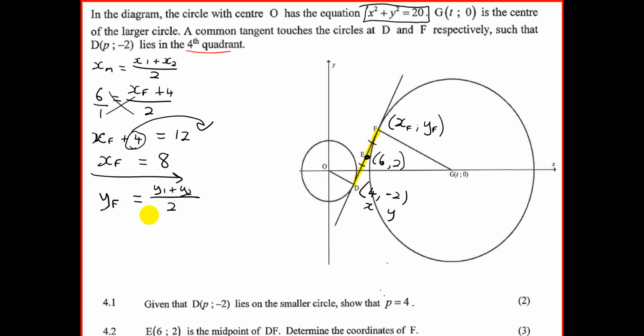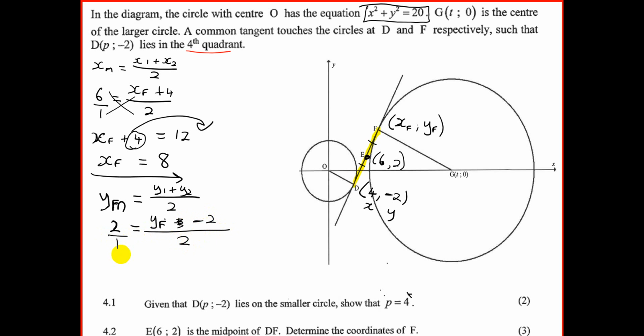Sorry, not the yF, let me change that. That's the y of the midpoint. That's the midpoint formula. And the y of the midpoint, we're looking at point E, is actually 2, which is equal to y1. We're going to use yF plus y2. We're going to use the negative 2 for D. So I'm going to change that to a negative 2, all over 2.